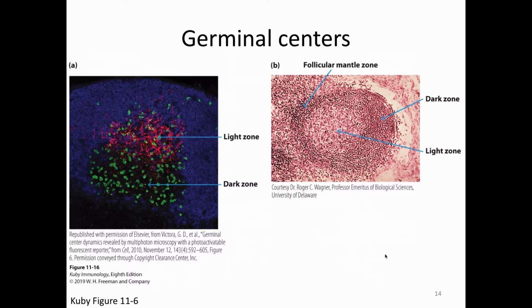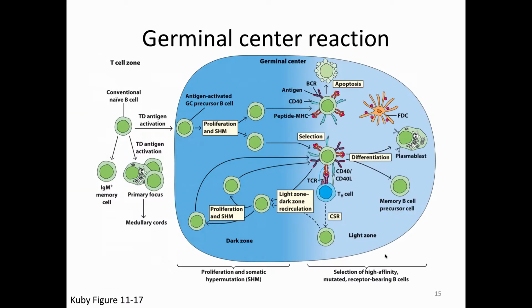And so our B cell can become activated. You can see here's our B cell. It becomes activated through T-dependent activation. And it can then go into the germinal center to perform something called the germinal center reaction.